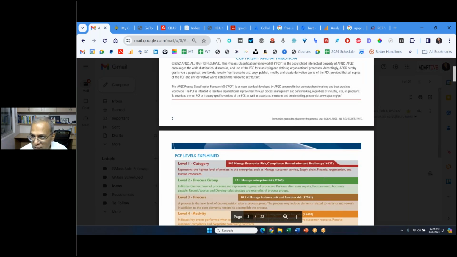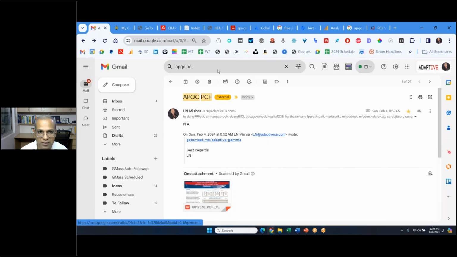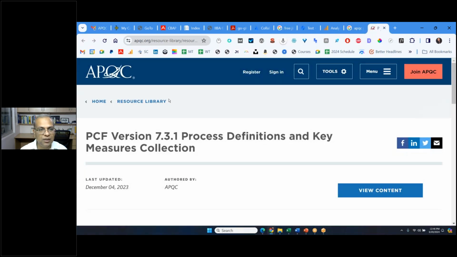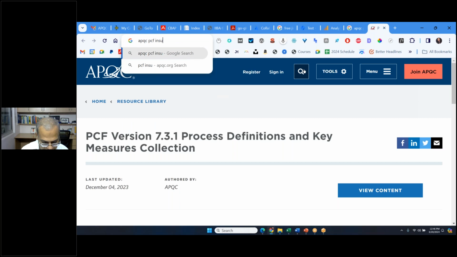Sorry to interrupt you here, but if I want to check how this website will help me for knowing, like if I want to know about the insurance domain, will this help me? You can, you can. Yes, of course. Just type APQC PCF insurance.